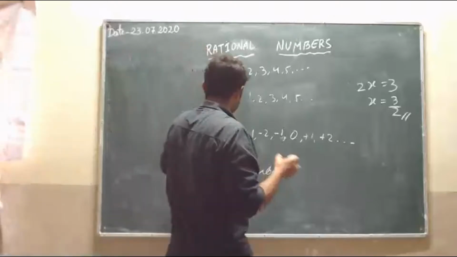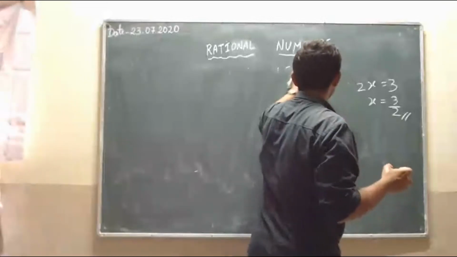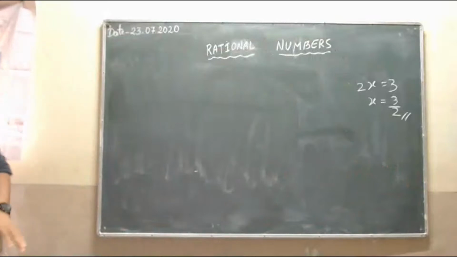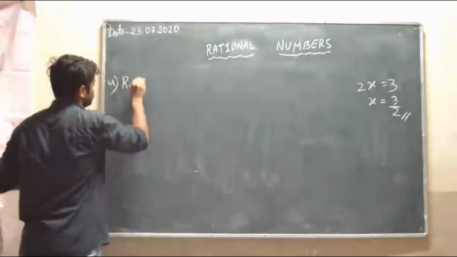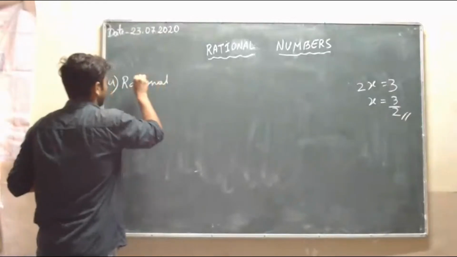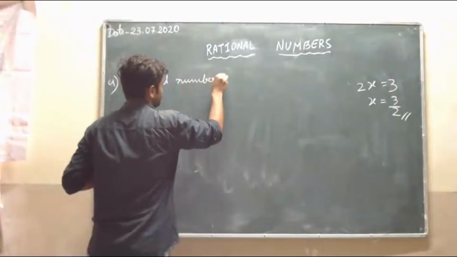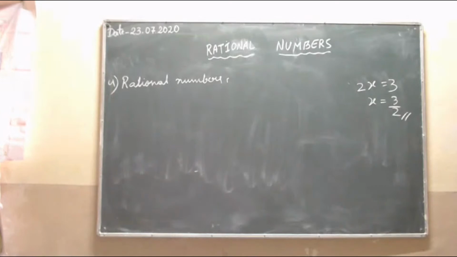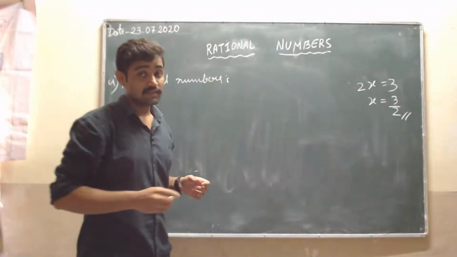Then what are rational numbers? A rational number is that which is expressed as a quotient or a fraction.